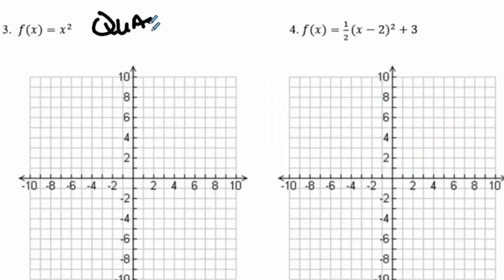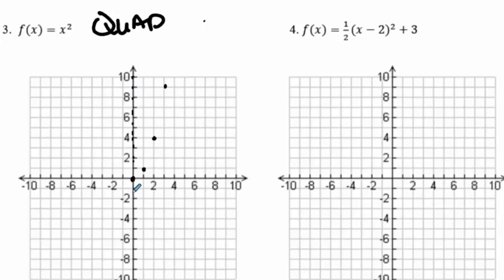All right, now I have a quadratic function, and I want to graph it. When I graph a quadratic function, 0 squared is still 0. When x is 1, y is 1. When x is 2, y is 4. And when x is 3, y is 9.